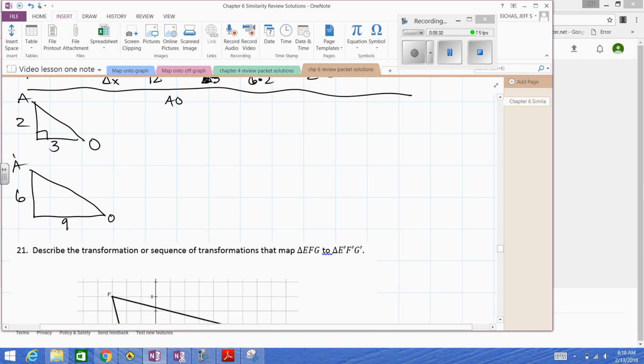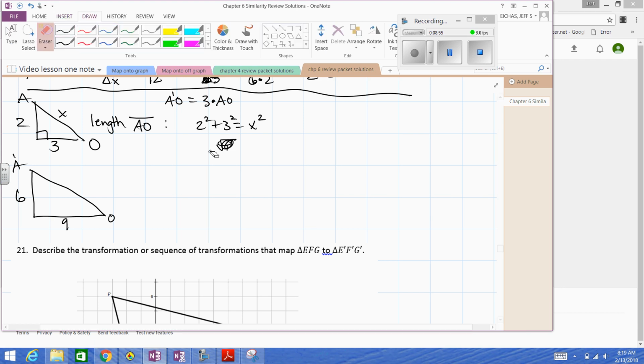Now we got to calculate. We got to show that AO is 3 times. Okay? So, let's go calculate the length for AO. 2 squared plus 3 squared equals, we'll call it X. That one is going to be 13. Sorry, I went ahead of myself. I want to skip steps.